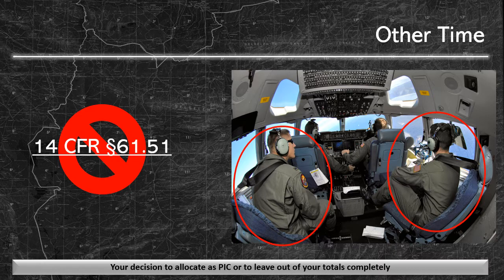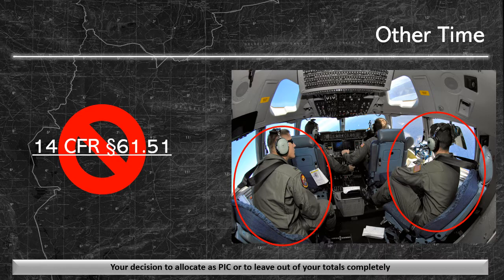One very popular question for Air Force applicants is what to do about other time for sorties where you were the pilot in command. Some pilots choose to be conservative and remove other time completely from their totals. Some choose to categorize the other time as PIC when they were pilot in command.